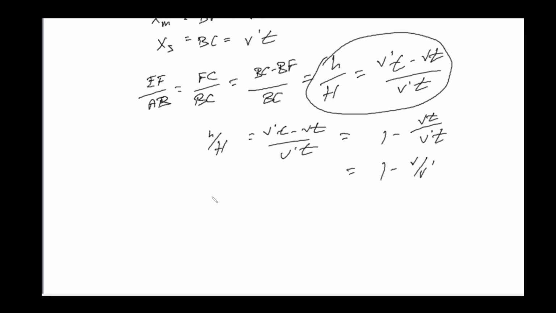So if we add v over v prime to the left side and subtract h over big H from the right, we get this equation. And that's also equal to H minus little h over big H.